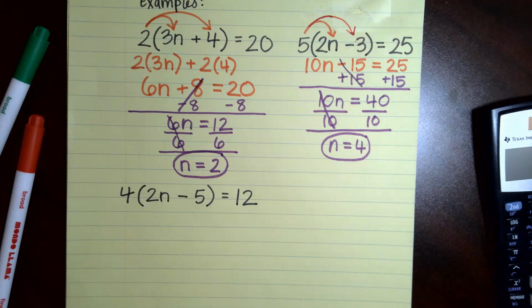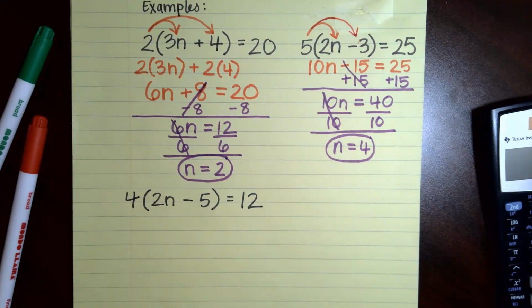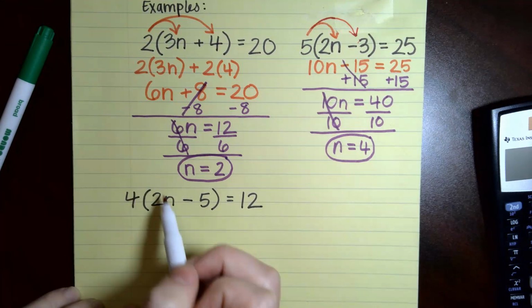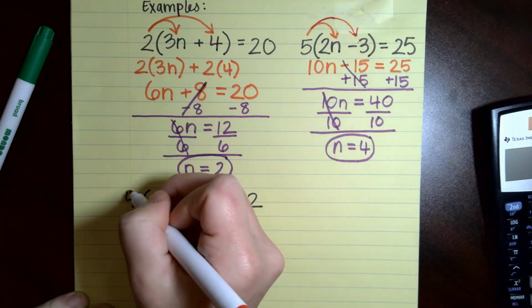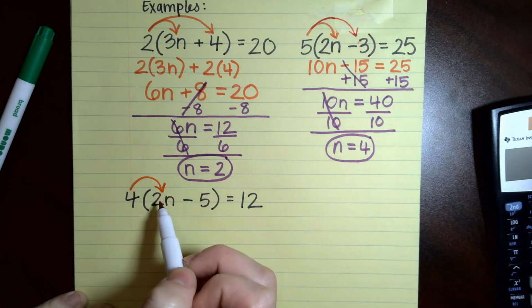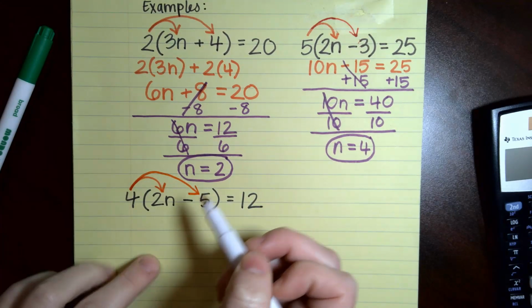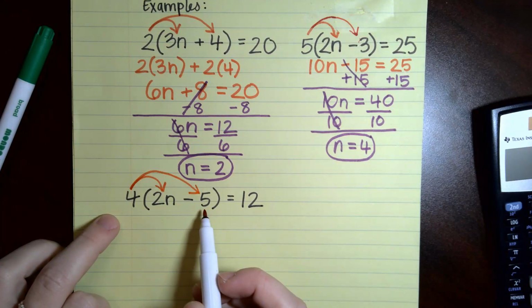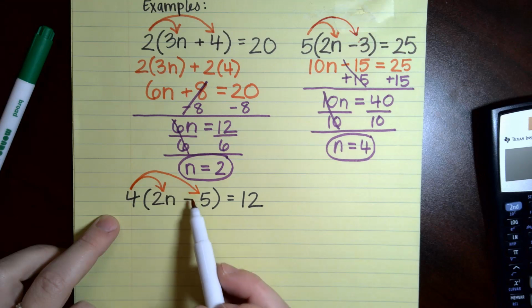What's my first step? Distribute the 4. Yeah, we want to start by distributing this 4 because we need to get rid of that parentheses. So I'm going to be doing 4 times 2n, and then I'm going to be doing 4 times either 5, and I know that it'll be a subtraction problem, or I could do 4 times -5.